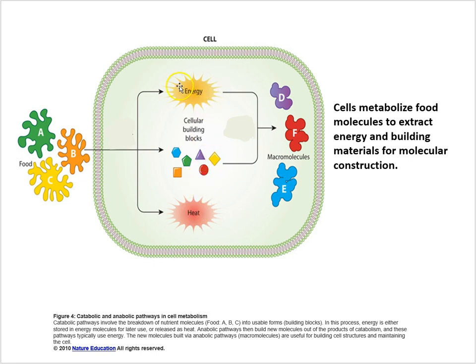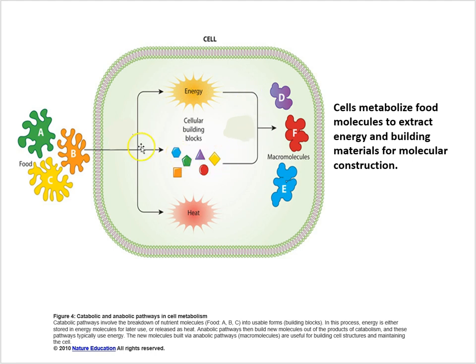Now the cell's going to harness the extracted energy and use it to do further chemistry. Using the nutrients from the food as the raw materials, it will build important molecules that the cell needs to construct. Perhaps it's going to make some DNA or some proteins, or it's going to build new lipids for the membrane. Well, that takes energy that was originally stored in the chemical bonds of food, and it takes raw materials, again imported as food.